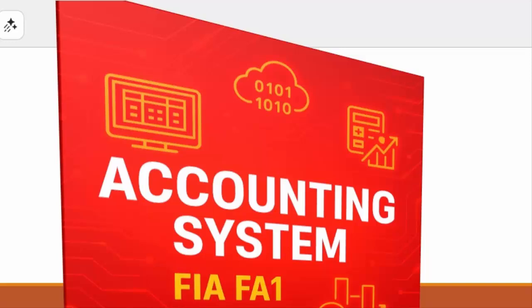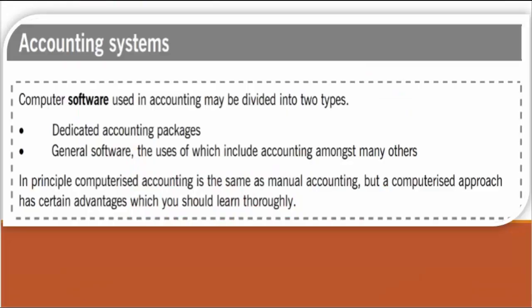We are going to learn one of the most important and practical topics in your FIA FA1 course, accounting systems. This lesson comes straight from Chapter 3, Part 9 of your FIA FA1 textbook. But don't worry. Even if this is your first time hearing about accounting systems, and even if English is not your first language, I will explain everything slowly, clearly, and in simple, everyday English.